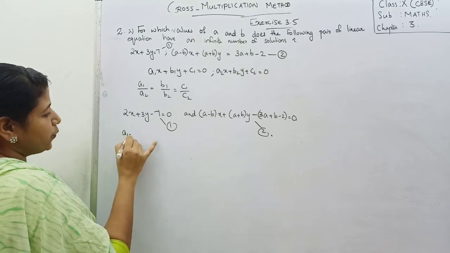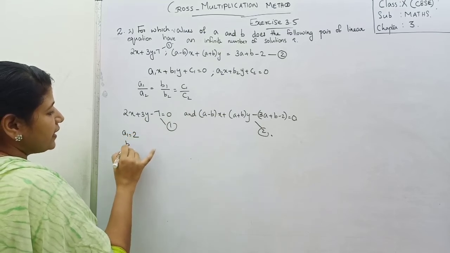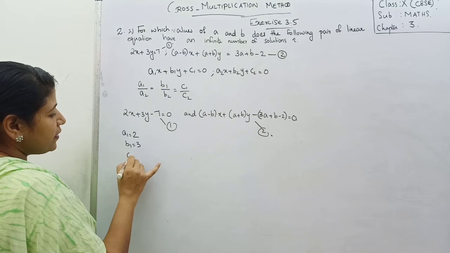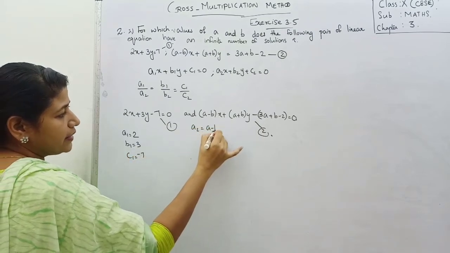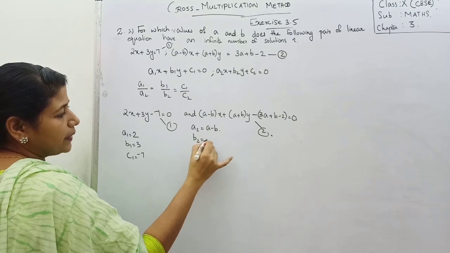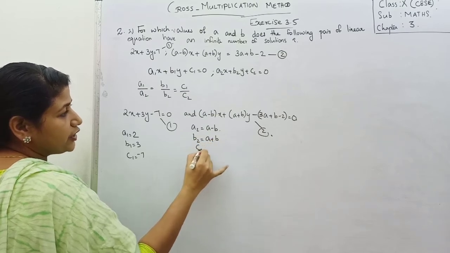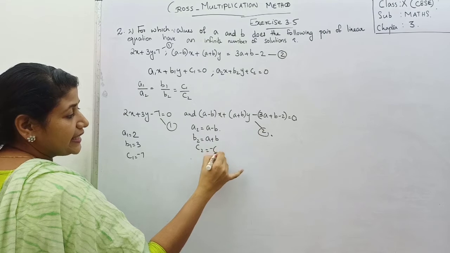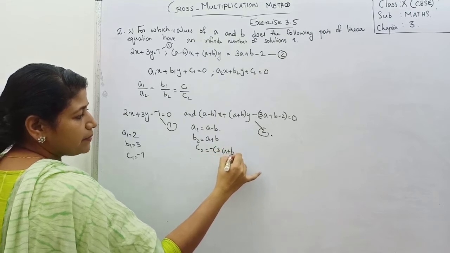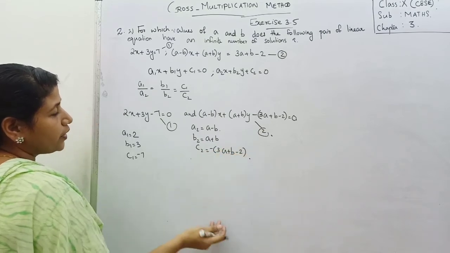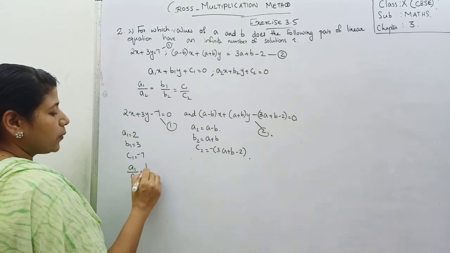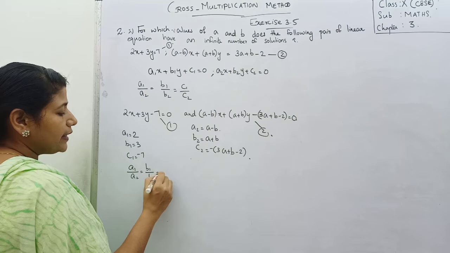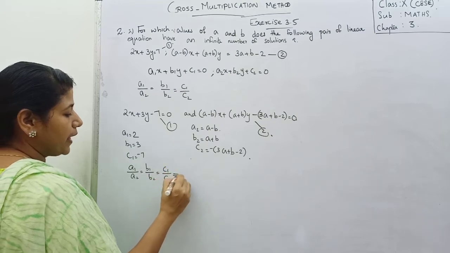Here a1 is 2, b1 is 3, c1 is negative 7. And here a2 is a minus b, b2 is a plus b and c2 is negative (3a plus b minus 2). We have the condition a1 by a2 equal to b1 by b2 equal to c1 by c2.